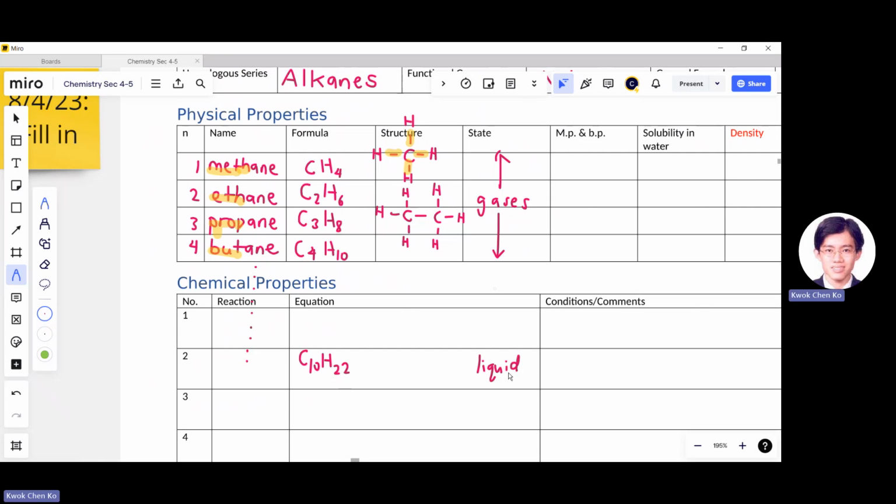So keep this in mind. And if you go even further down, let's say C100, H202, that will be a solid at room temperature and pressure. Only the first four are gases. So C5 is really a liquid.